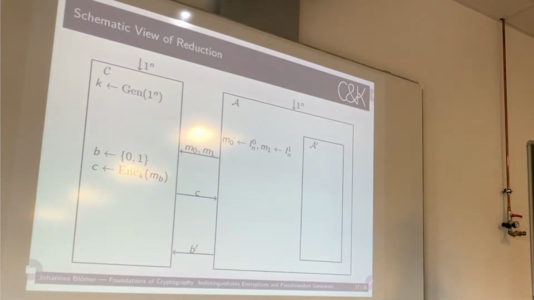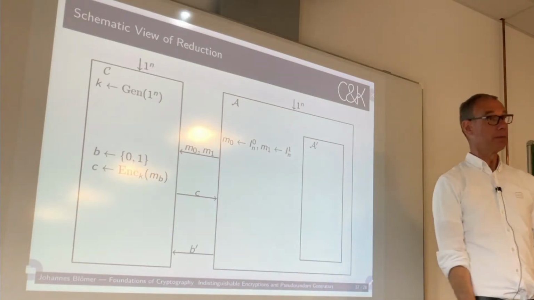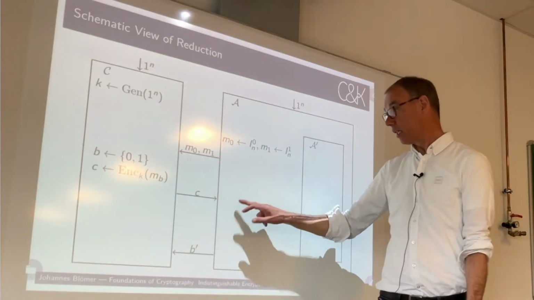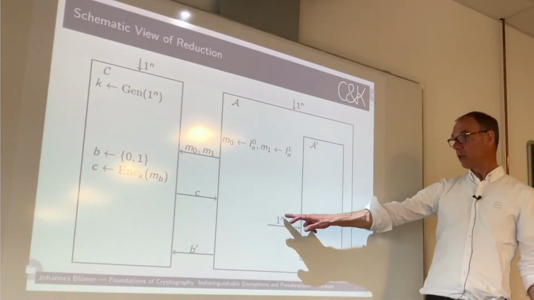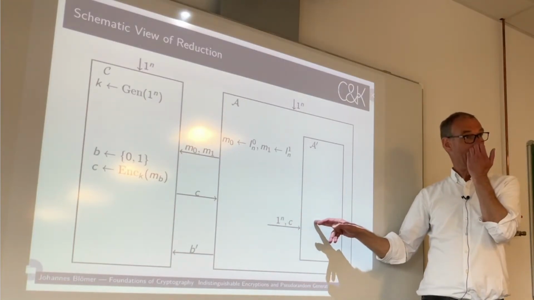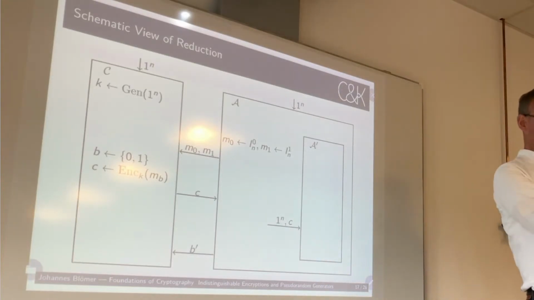So we pick the two messages as I described them and send them over. Now what I do is I forward 1 to the n and c to A prime, because this is what A prime expects. It expects a security parameter and a ciphertext c.